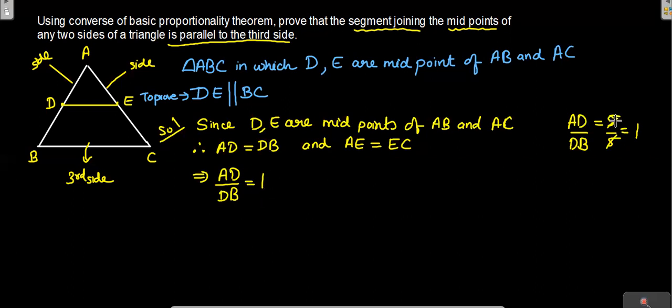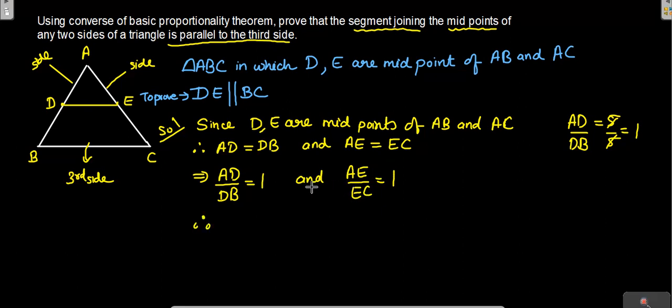Whatever the number, 100 divided by 100, 15 divided by 15, any numbers which are the same, when you divide, you get 1. Similarly, AE divided by EC is also equal to 1.